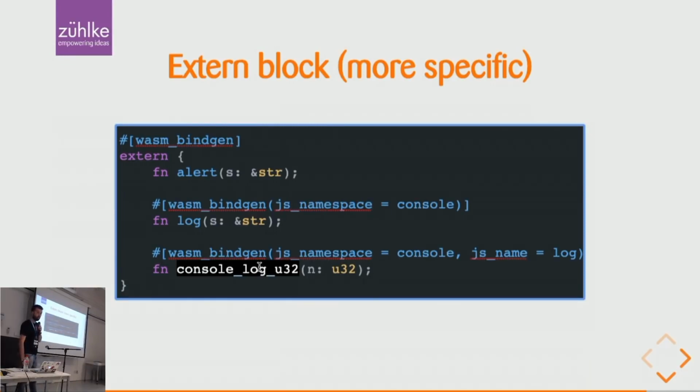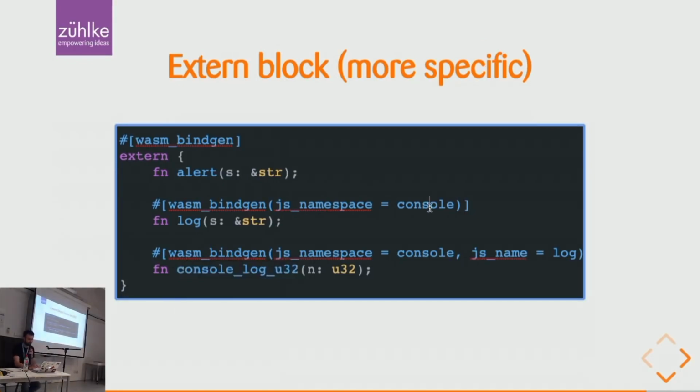Yeah. What would happen if you want to console log the output of math.log? Okay, so the question was if you want to console log math.log, you mean the JavaScript math.log. So what you would do is another line here, and you would say the JavaScript namespace is math, right? So let's just write it.